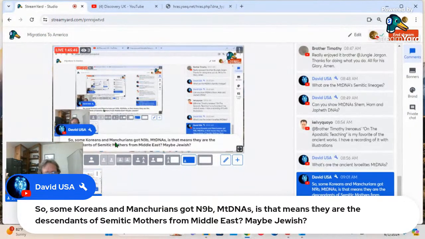Well, yes. As a matter of fact, the Uyghurs have J2 as their major Y chromosome. The majority of the people that are Uyghurs have a Judaic Y chromosome. So it's very likely that the N9B, if that was also Semitic, would be in the population.